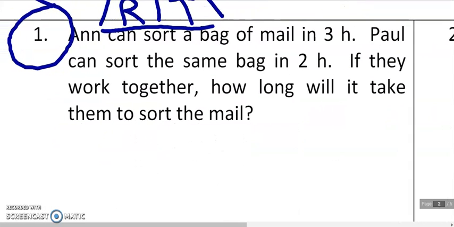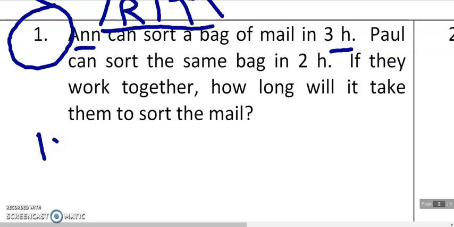So let's look at an example. It tells me that Anne can sort a bag of mail in 3 hours, and Paul can sort the same bag in 2 hours. So based on what we talked about before, we know that when we're given times, we're always going to make fractions with those times on the bottom. So if I look at what I know, Anne can sort a bag of mail in 3 hours.